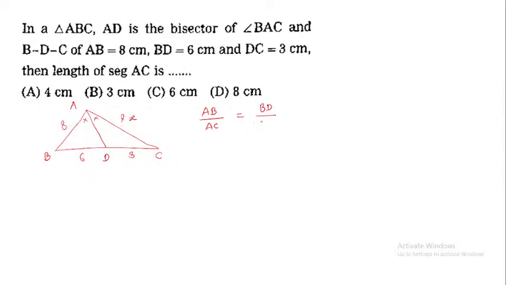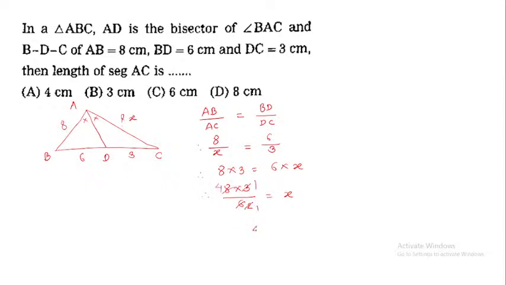So BD divided by DC. So AB is given to be 8 divided by AC, which we have to find, that is X, is equal to BD is 6 divided by DC is 3. Now if you cross multiply, 8 into 3 is equal to 6 into X. We have to find X, so transfer 6 to the left hand side so as to get 8 into 3 divided by 6 is equal to X. Now if we simplify, 3 ones are 3 and 3 twos are 6, again 2 ones are 2 and 2 fours are 8.